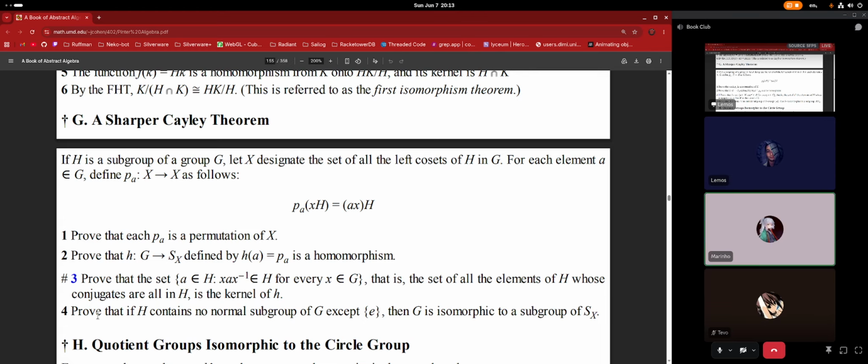Set of all elements of H whose conjugates are all in H. Okay, the comment on G3 is, note that the range of H is a group of functions. What is its identity element?